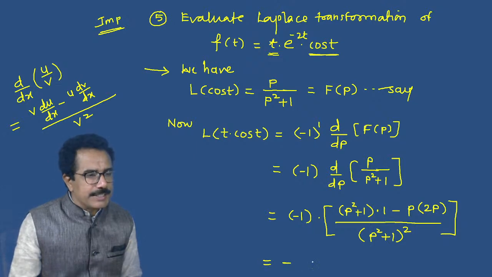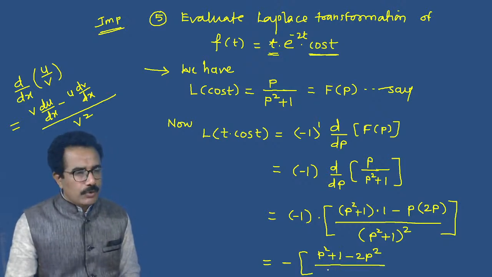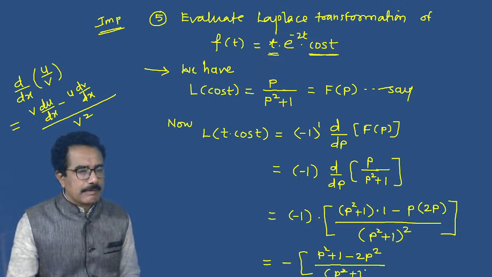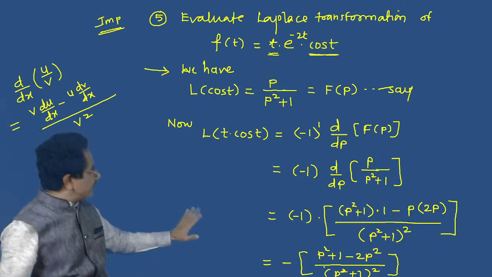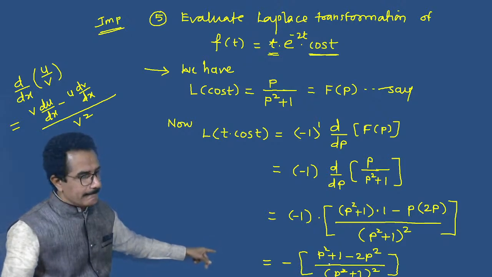Minus 1 as it is, minus in a bracket p square plus 1 minus 2p square, divide by p square plus 1 bracket square. Again in the numerator we can solve p square minus 2p square.